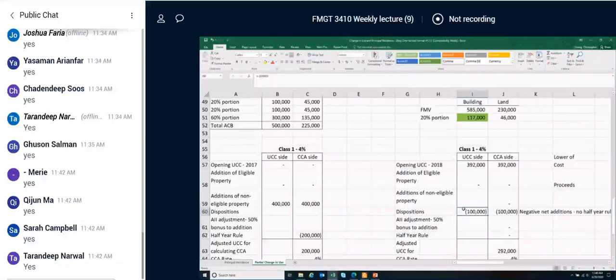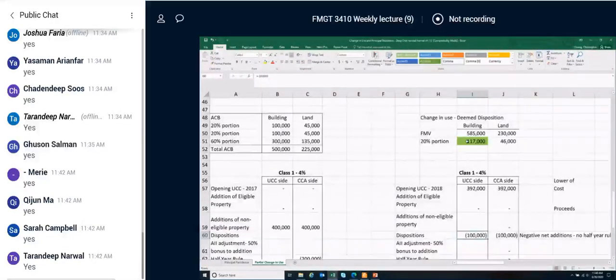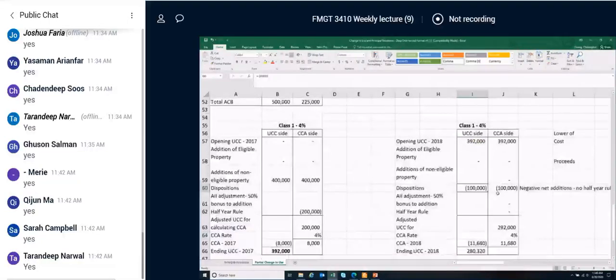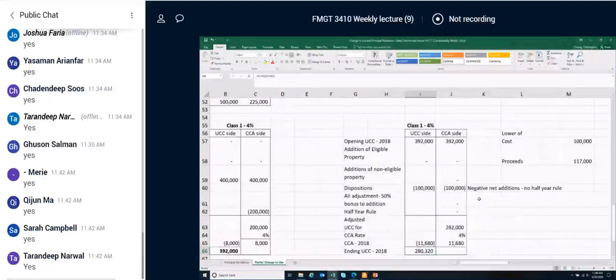And remember, cost is lower than proceeds. So you show your disposal and it affects your CCA. Again, it's a negative net additions. There's no half-year rule or AII, or AI bonus, because you don't have any net additions. There's no bonus to apply for and no half-year rule to apply.